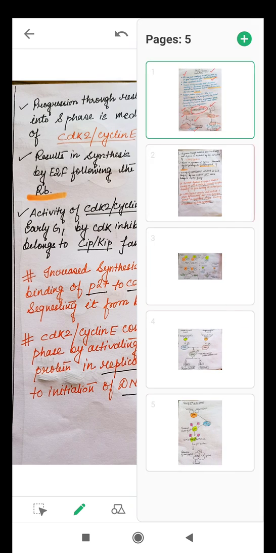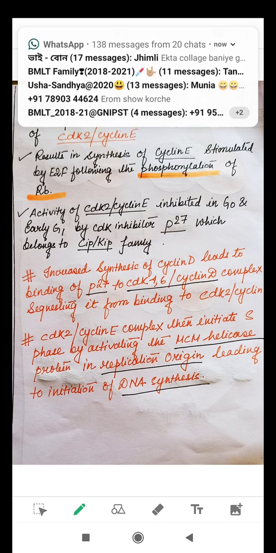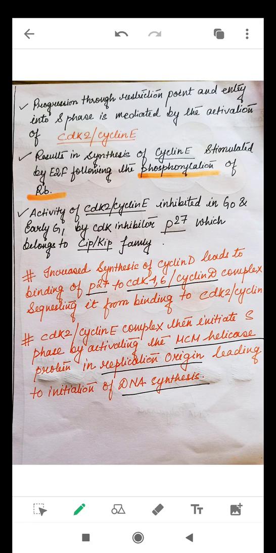Now the question is, what will happen when this transcription begins? There is progression through the restriction point and entry into the S phase.